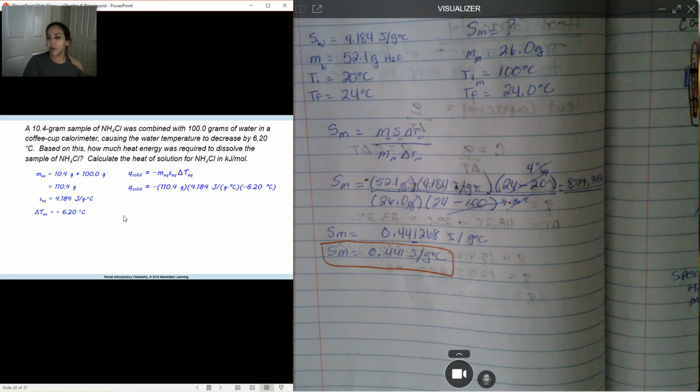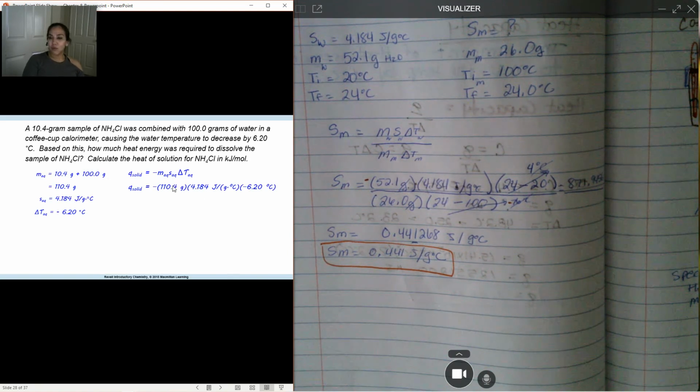So to solve the problem, we're going to plug everything into our equation. So the heat of the solid is equal to the negative sign, right? Because there's heat moving. The aqueous solution is colder. Sorry, it didn't lose heat, it's absorbing it. It's absorbing heat, and so it's getting colder.